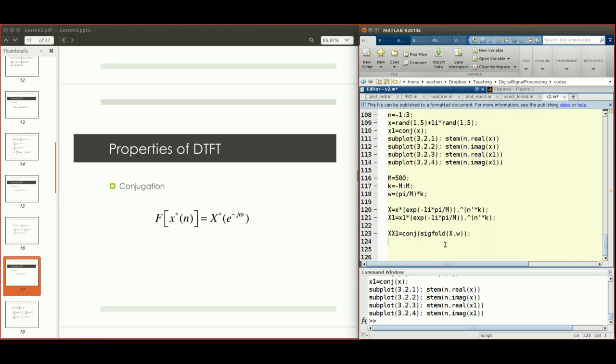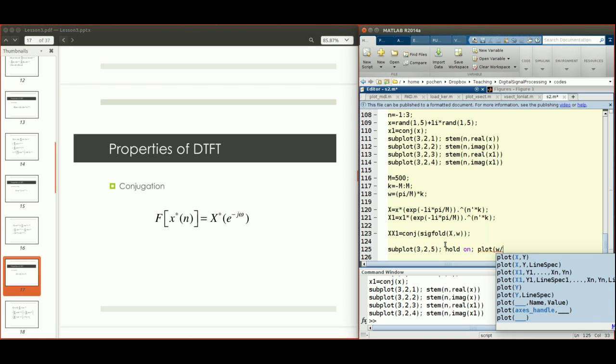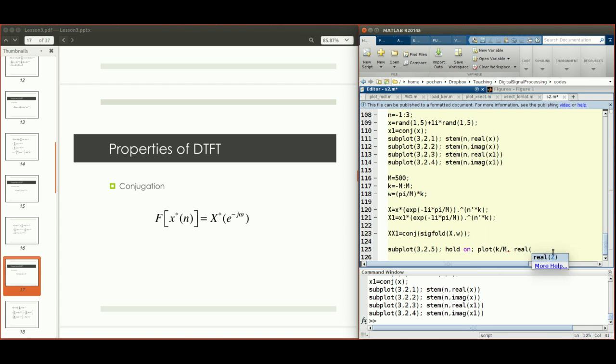We can do that by looking at the real part and the imaginary part. So subplot 3, 2, 5. Let's hold on, and then let's plot w divided by pi, or k divided by big M, and then the real part of x1, using black.